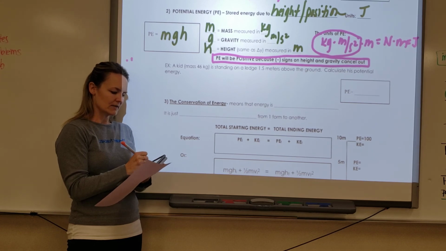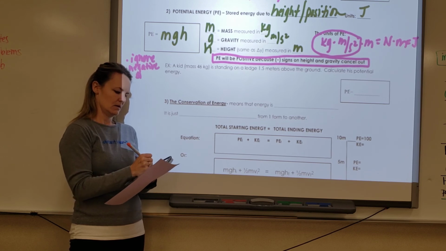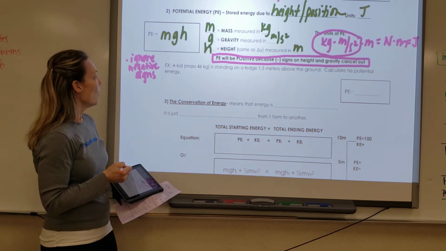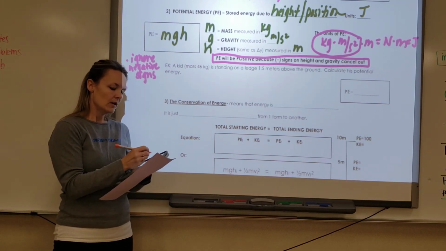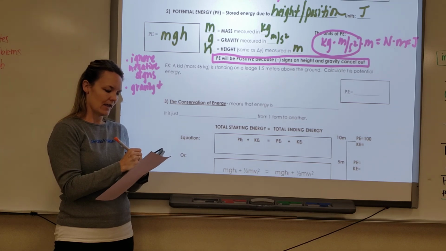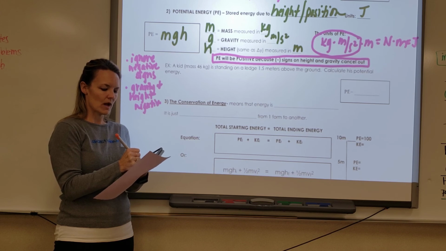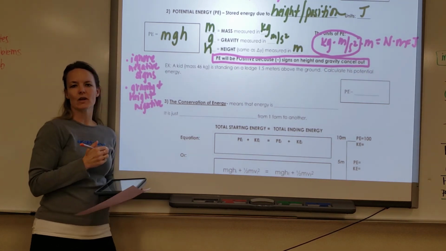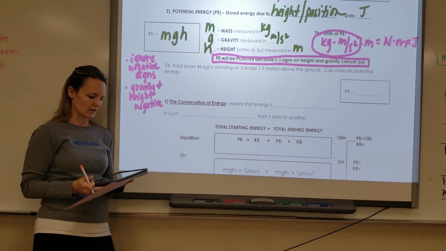You can just completely ignore all the negative signs any time you're calculating potential energy, or you can make your gravity and height both negative, which is what I'll do just so I don't confuse people. When you have two negatives, they cancel out and you're left with a positive.